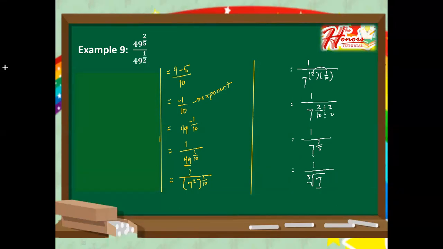And then we have to rationalize the denominator. So that is 1 over fifth root of 7 times fifth root of 7 raised to 4 over fifth root of 7 raised to 4.